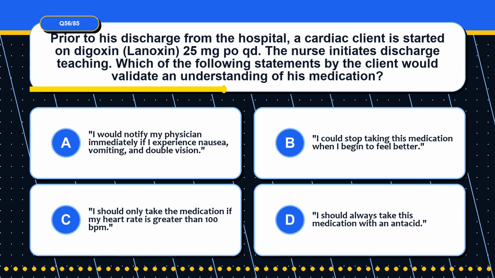Option A. I would notify my physician immediately if I experienced nausea, vomiting, and double vision. Option B. I could stop taking this medication when I begin to feel better. Option C. I should only take the medication if my heart rate is greater than 100 bpm. Option D. I should always take this medication with an antacid.